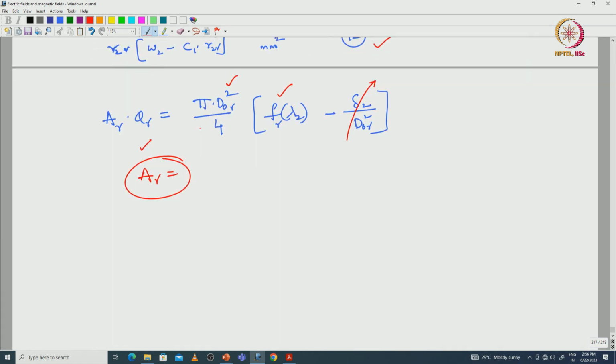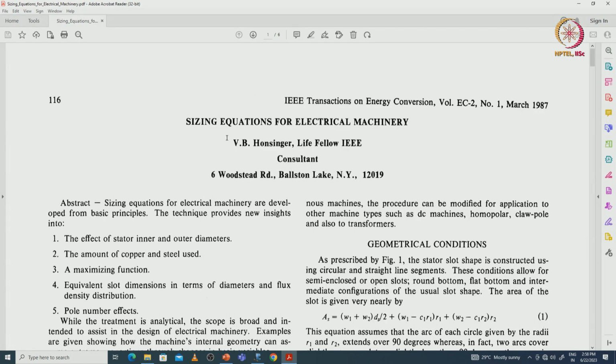This equation will come if we write the power equation in terms of some constant into D0R cube LE ton, with respect to the rotor volume. As of now, we have discussed the rotor slot geometry and respective equations.